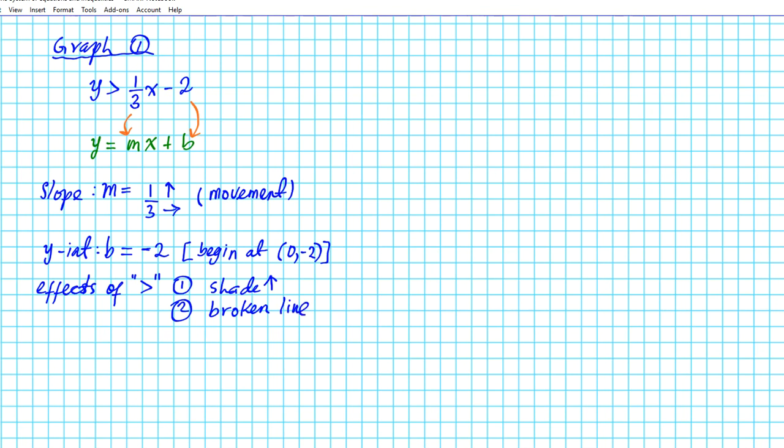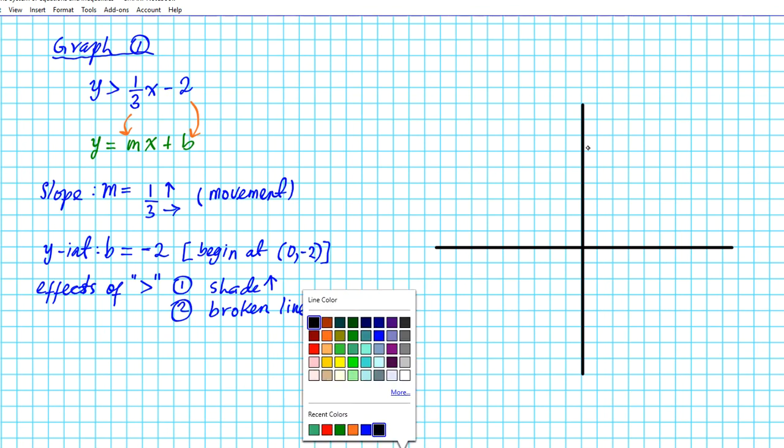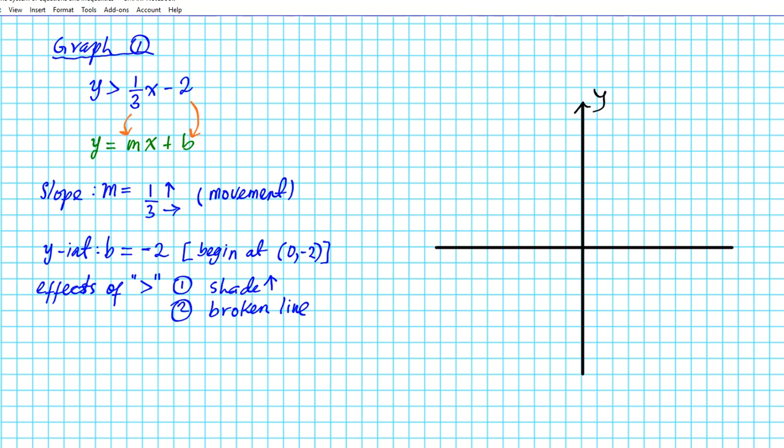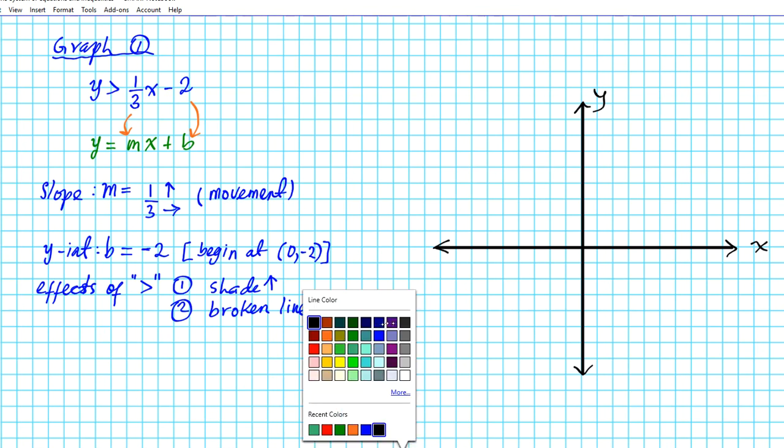Okay, so let's use this information to draw the graph of the first linear inequality, and then we'll proceed to the second one and draw it on the same coordinate system. Alrighty, so there goes my y-axis, and that's the x-axis. We start with the y-intercept.